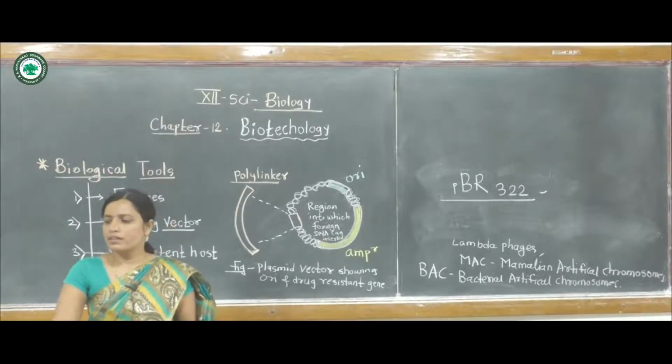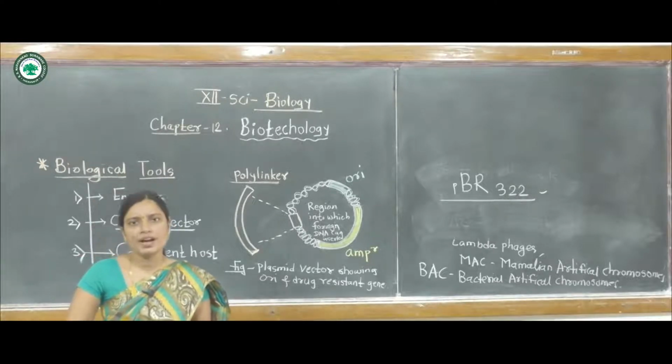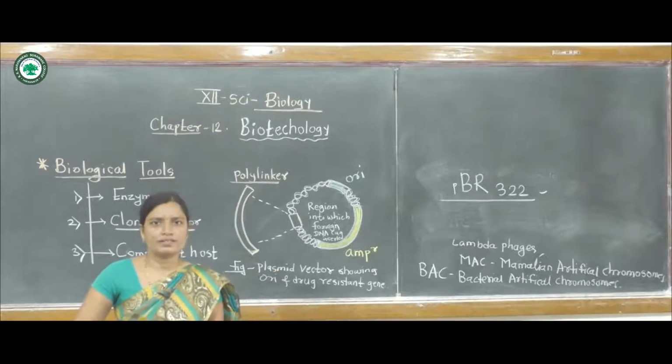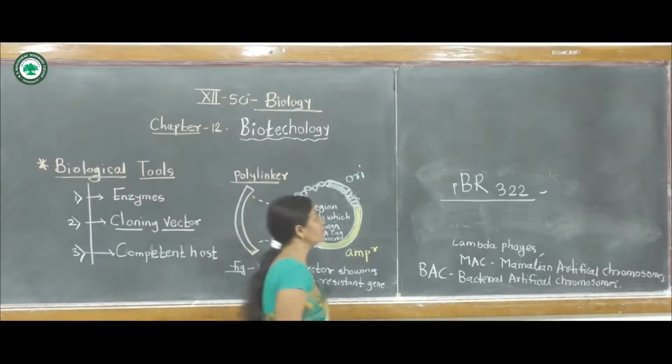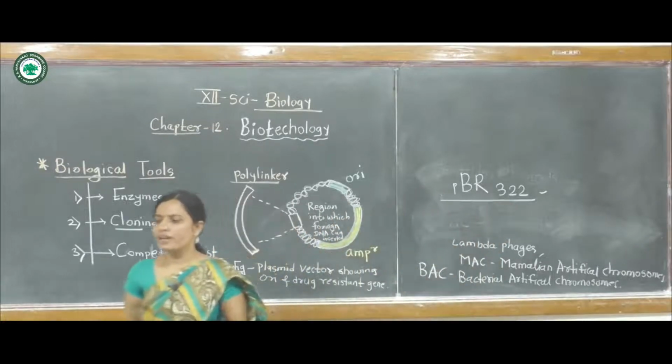BR stands for Bolivar and Rodriguez, who studied these plasmid vectors, and the number of this plasmid vector is 322. This is one of the artificial vectors.